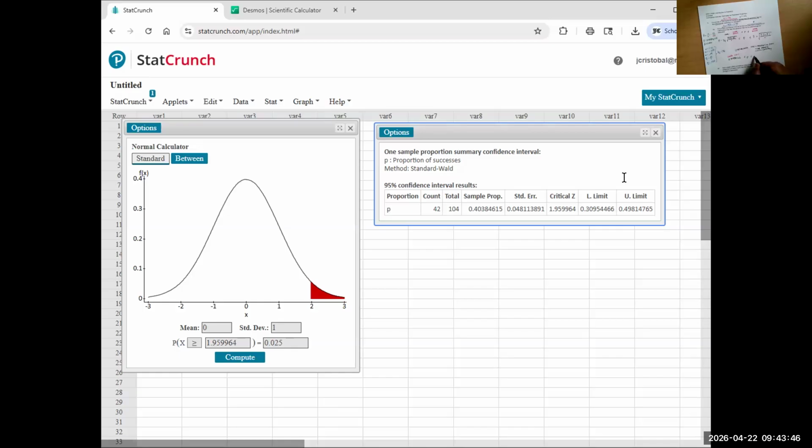Upper limit, upper bound, 0.498 14765, right? Your upper limit. And so when it comes to proportion, we're going to round to 3 decimal places.